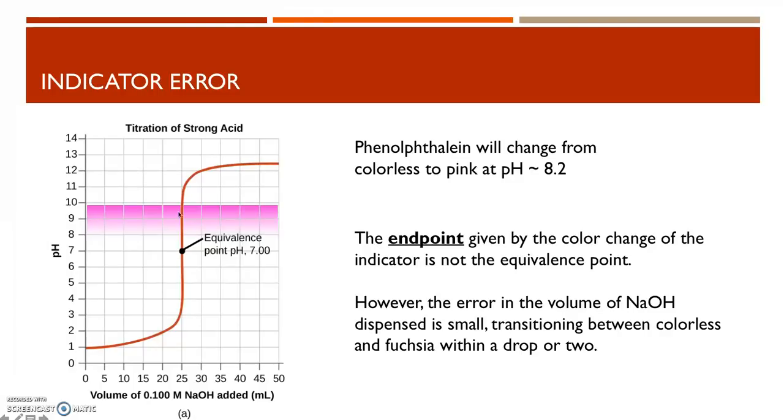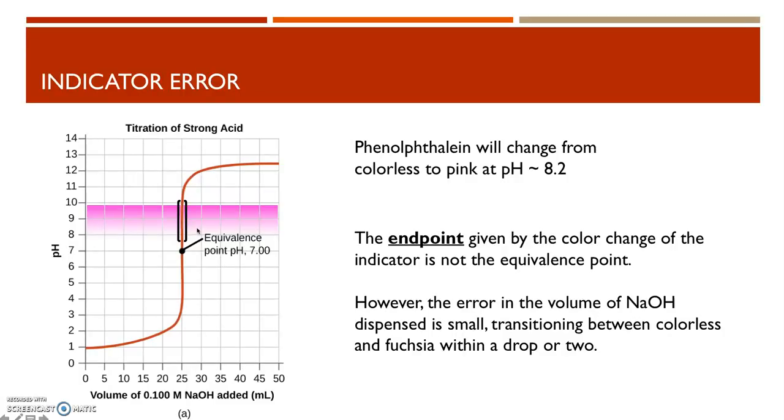In this case, we will be using phenolphthalein, and therefore the endpoint given by the indicator is not the equivalence point from the stoichiometric reaction. So there is error associated with using an indicator that is not going to change colors at the equivalence point. However, the error in the volume of NaOH dispensed is very small.